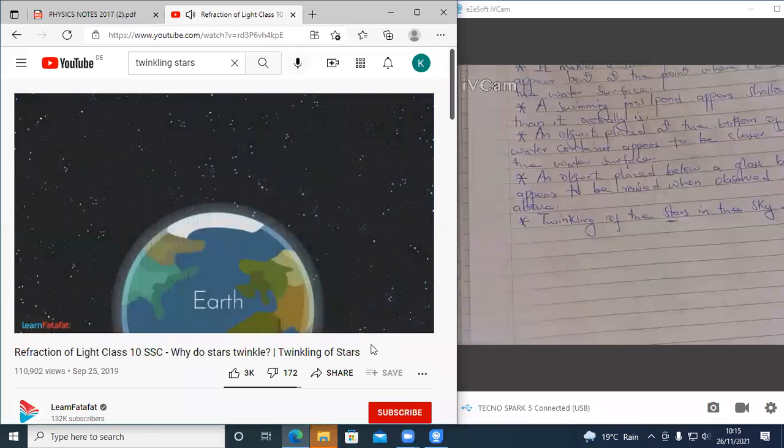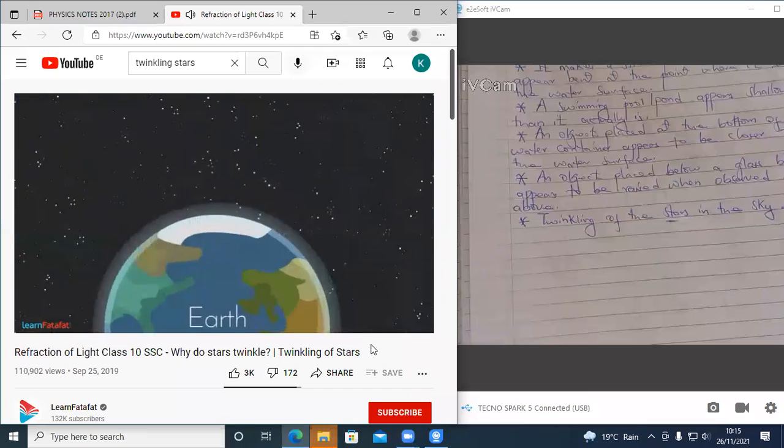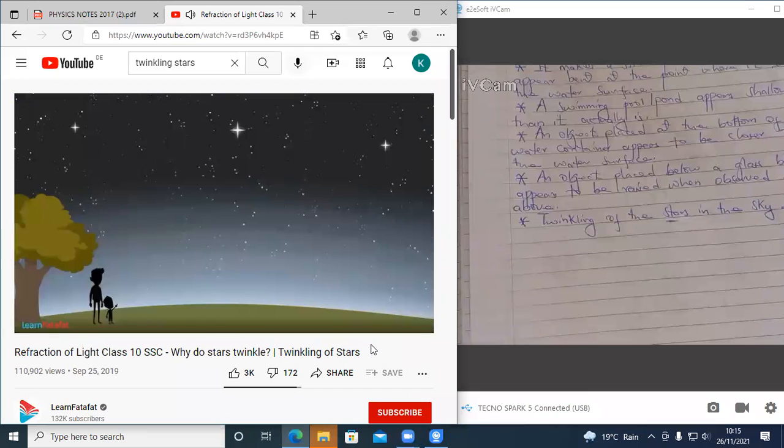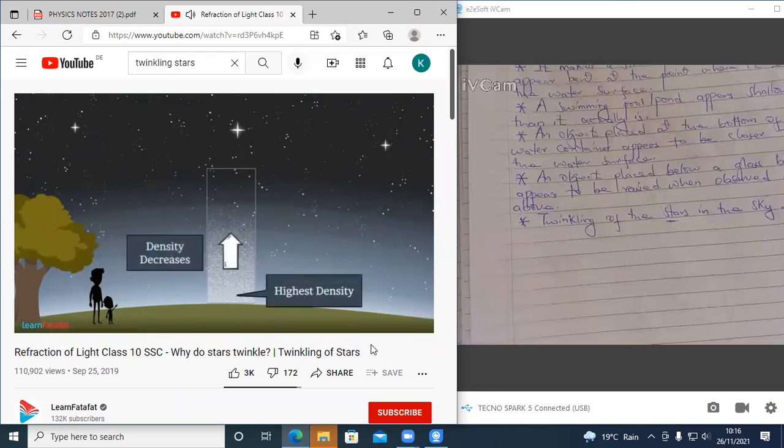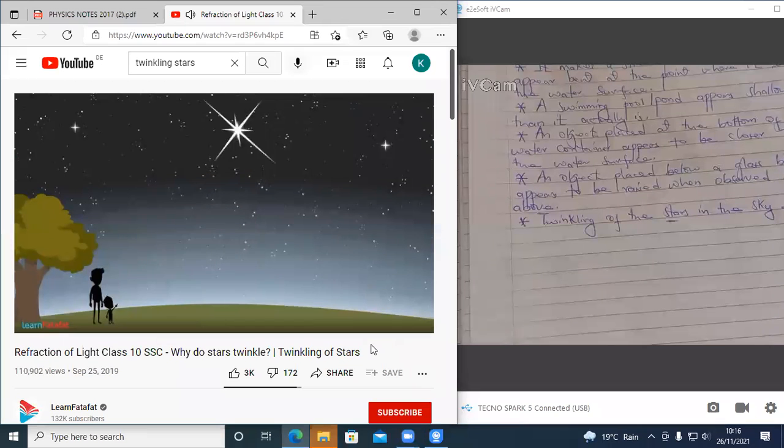We live on planet Earth. The atmosphere of Earth consists of layers of air. The particles of air are closely spaced at the surface of the Earth than these at higher layers. That means the density of air is highest at the surface while it goes on decreasing towards the top layer. Now let's talk about a star. A star have its own light.